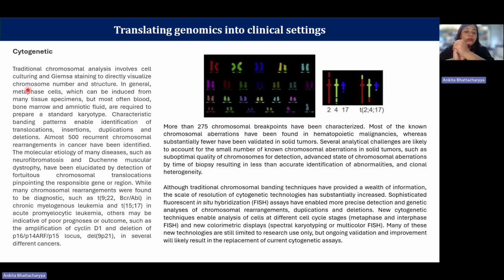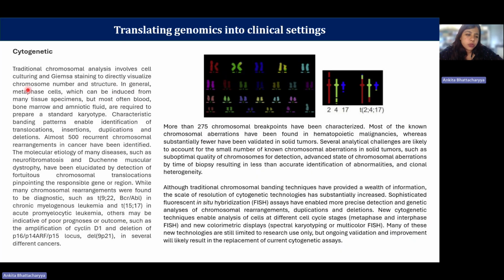Nearly 500 recurrent chromosomal rearrangements in cancer have been identified, and the molecular etiology of many diseases, such as neurofibromatosis or DMD, Duchenne muscular dystrophy, has been elucidated by the detection of fortuitous chromosomal translocations that pinpoint the responsible gene or region.